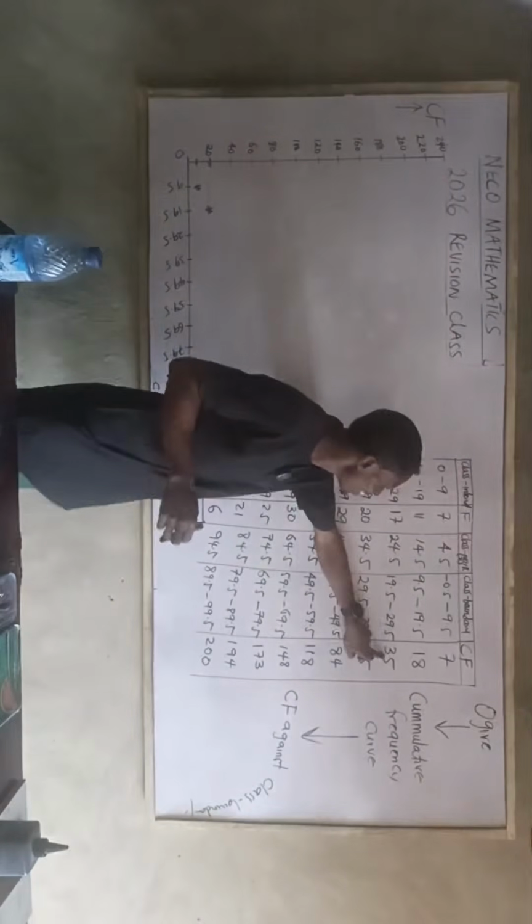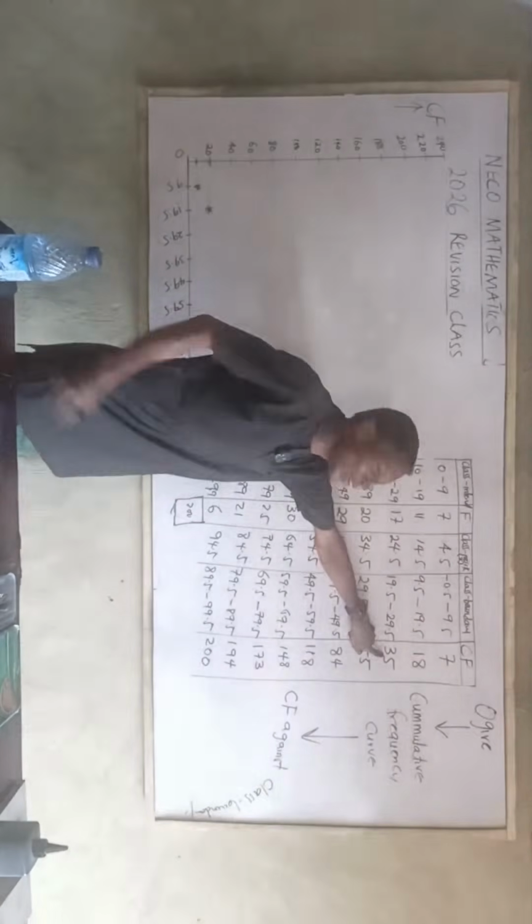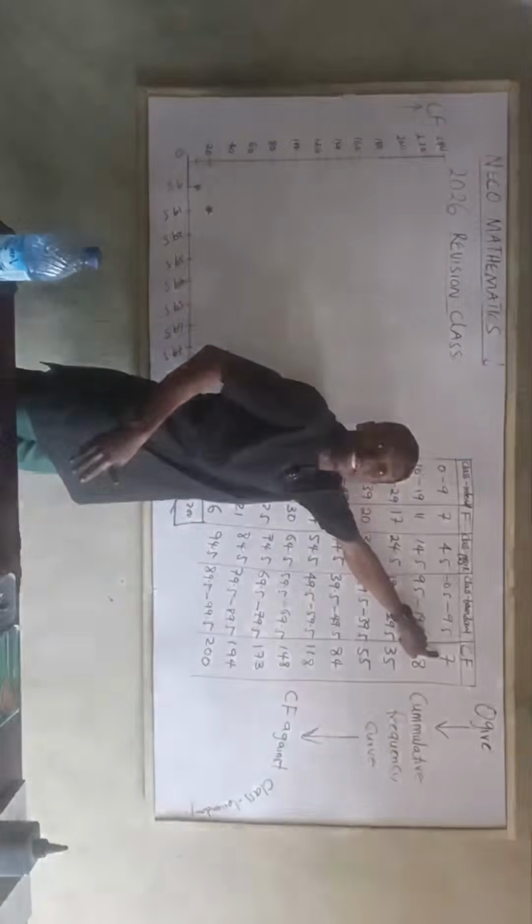All right. So the next class boundary is what? Sorry, the cumulative frequency is 35. This is an odd number. Odd numbers should be counted up. I counted up this one to 8, so I should count up this one to 36. So that's going to be from 40. Now, from 40, if I go 1 box below, 1 box below 40 is what? 38.